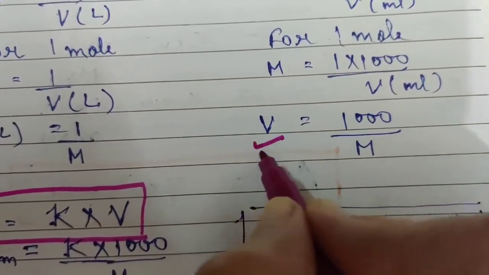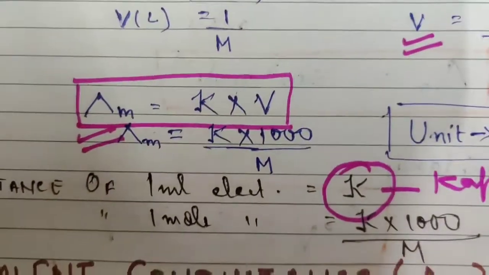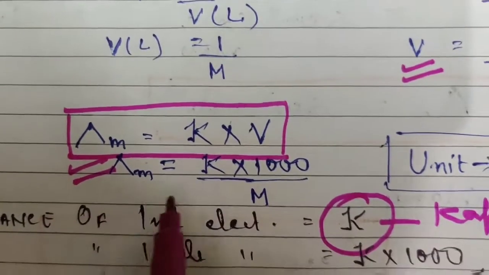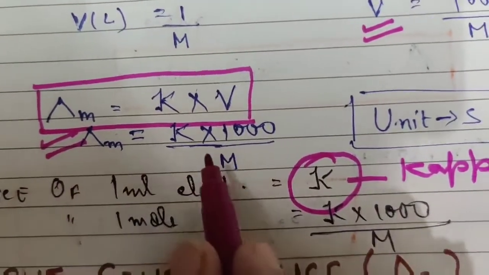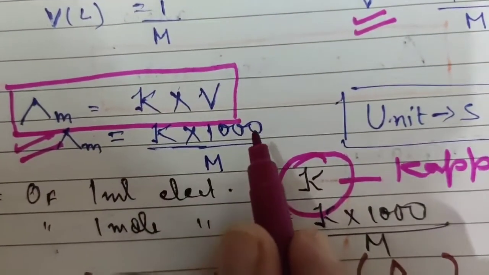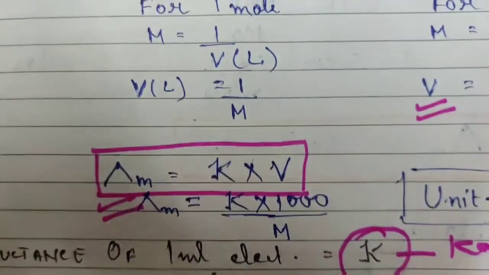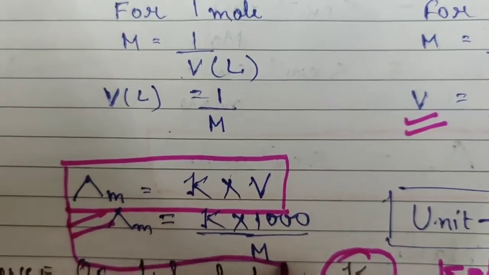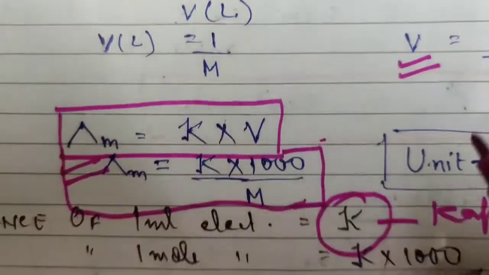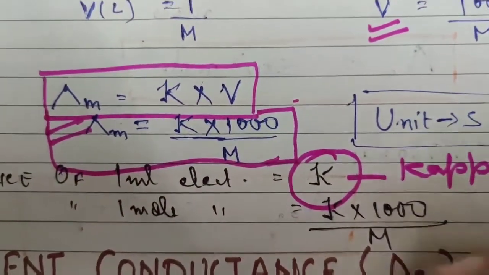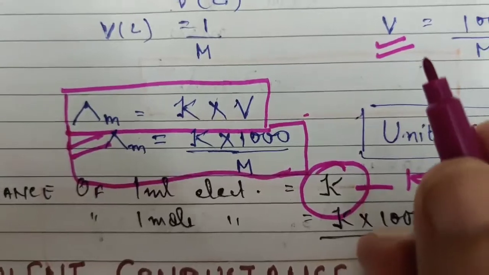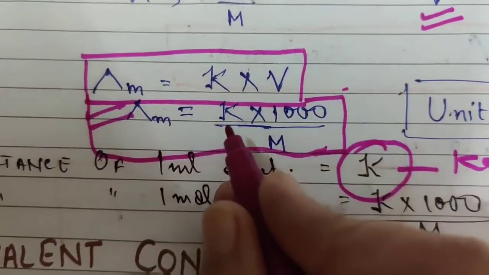Now this volume, when you substitute into this formula, we get the formula of molar conductance as kappa into 1000 upon molarity. Children, this formula is very important because the numericals that you get in your boards most of the times are based on this formula as a subpart.